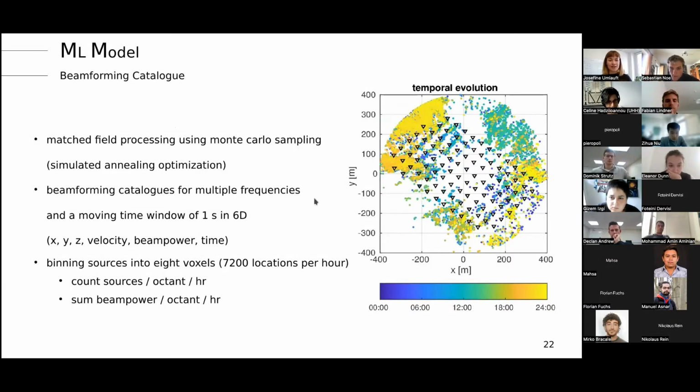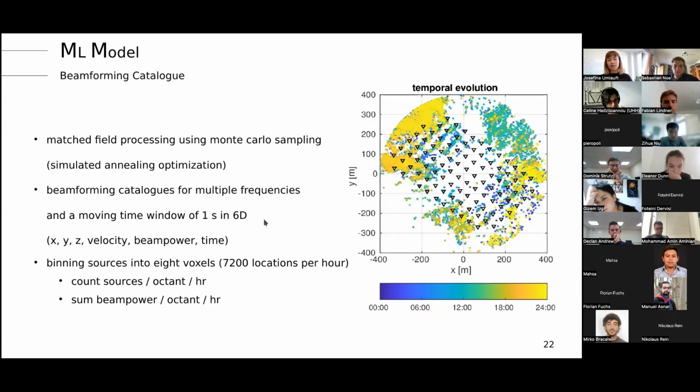And we did that for a moving time window of 1 second over the entire month of data that was collected by the array, and compiled beamforming catalogs, at least is what we call them. And we did that for 15 different frequencies between 5 and 20 hertz.